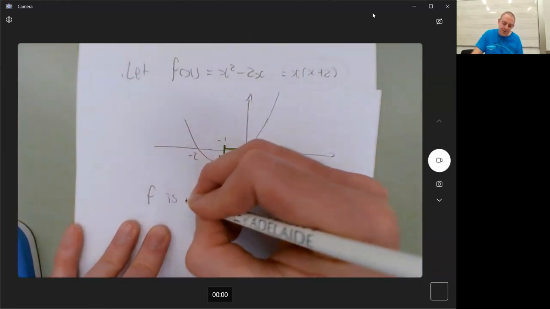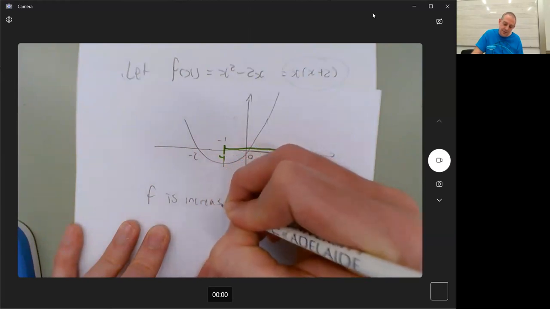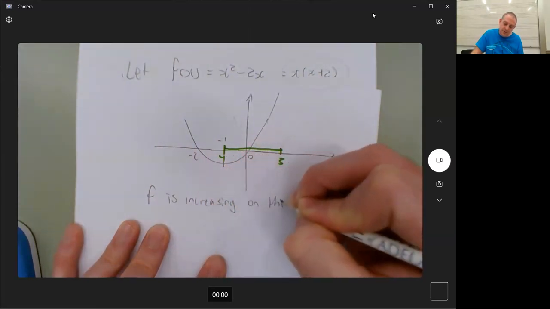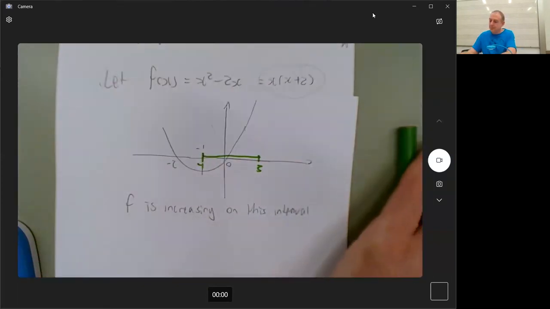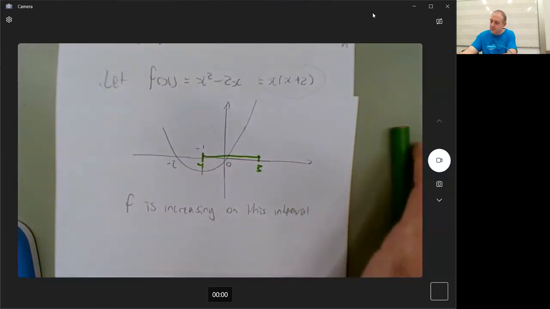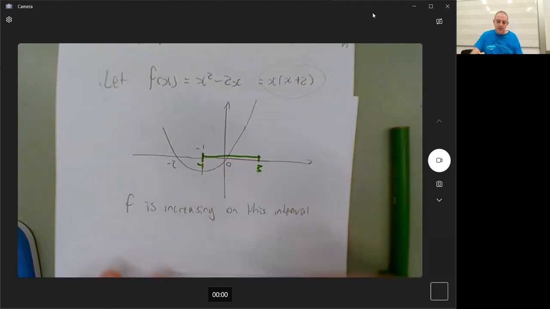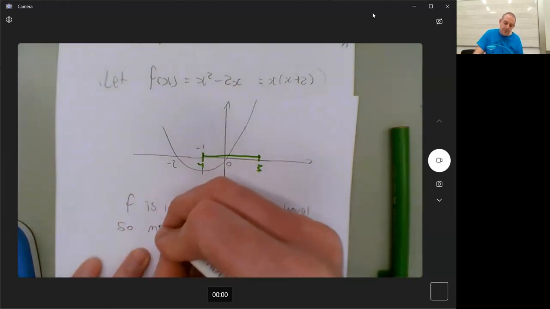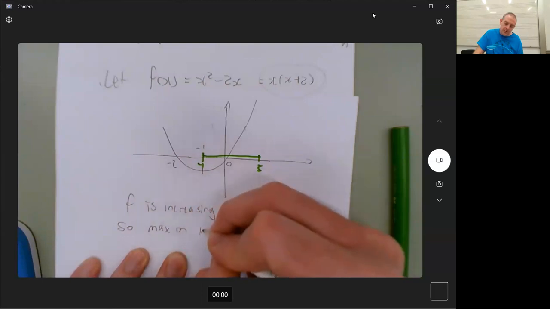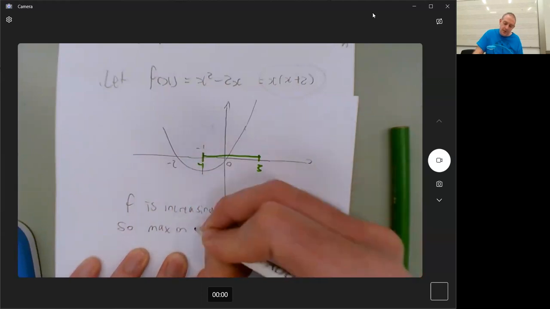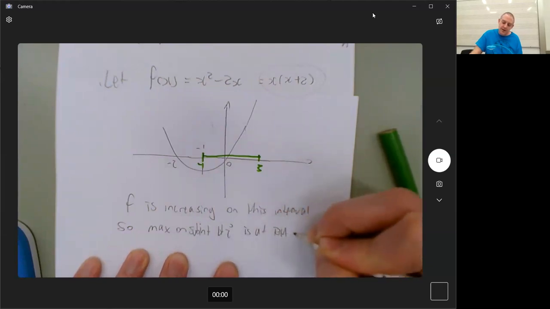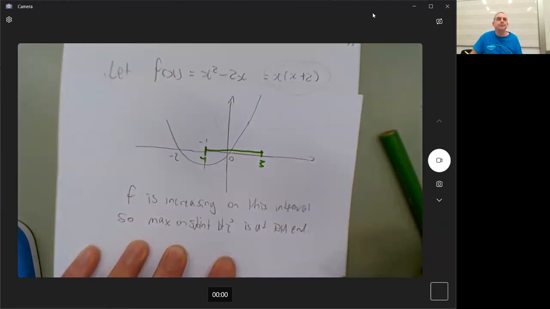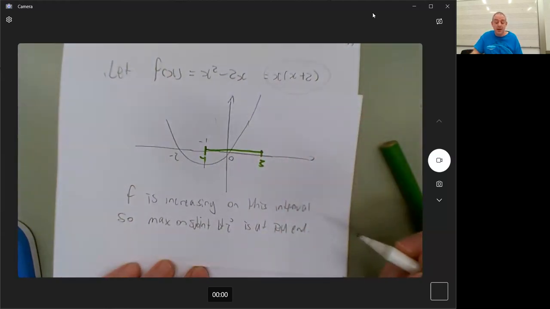So f is increasing on this interval. So the maximum on subinterval number i is at the right-hand end, because it's increasing. It's always going up. The maximum is at the right-hand end.